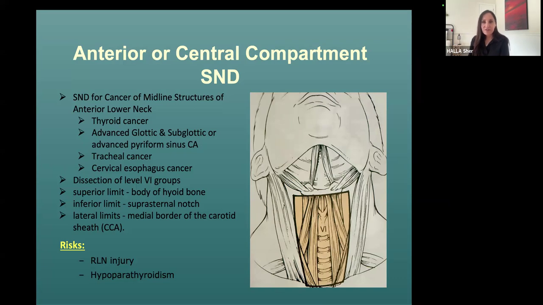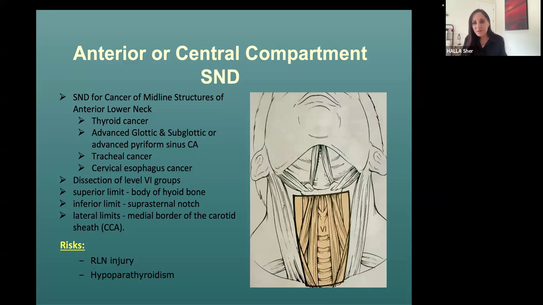But still, the risk of injury to the recurrent nerve during that dissection is around 2 to 4%.